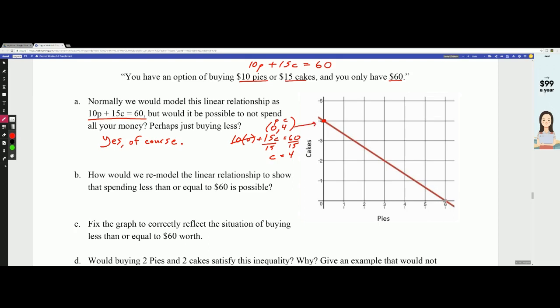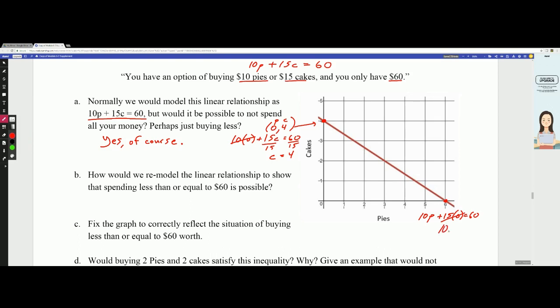Now the other side of it is, what if you just want pies, no cakes? Your equation would be a little different. You would have 10p plus 15c, but we don't want any cakes, so our c is going to be 0, and it's still going to equal $60. So that'll cancel out.